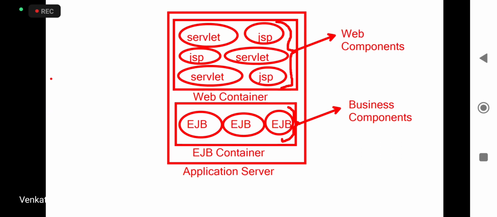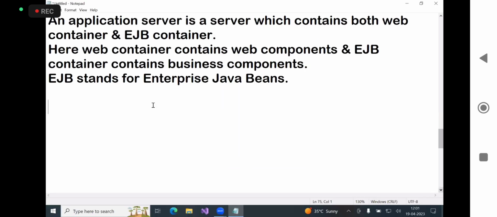So this server contains two containers. This container contains web components. This container contains business components. See, list of application servers I'll explain. Note, list of application servers.